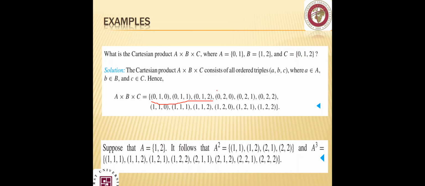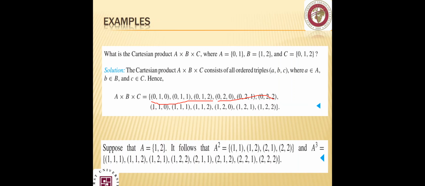In this case, sorry, we finished with 1, we are moving to 2. 0, 2, 0, 0, 2, 1, 0, 2, 2. Earlier we finished with 1.